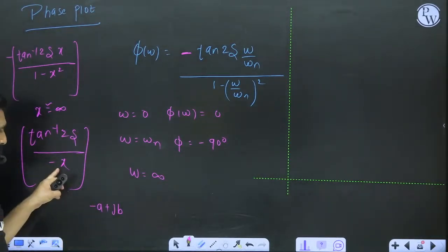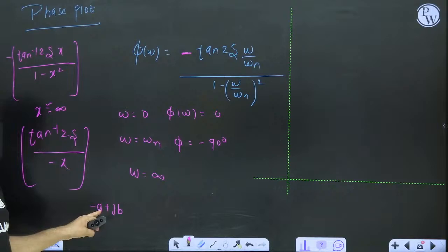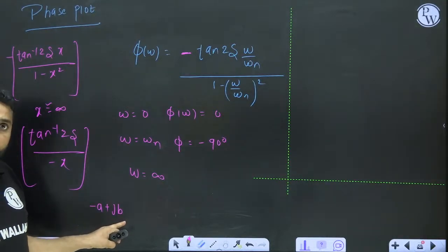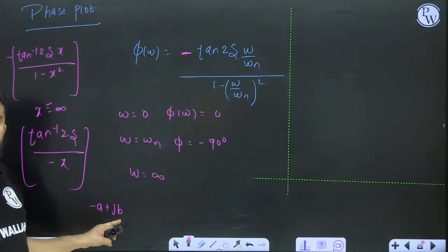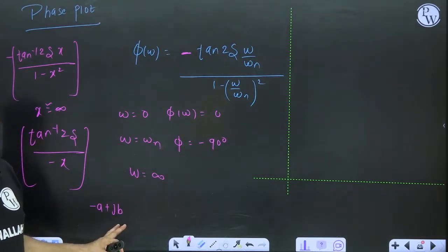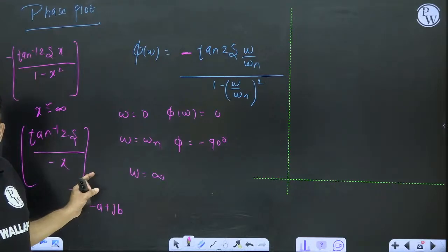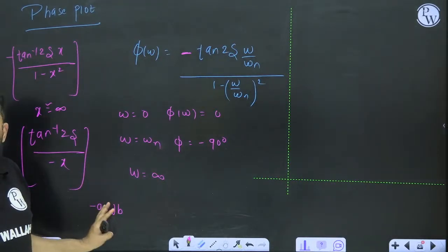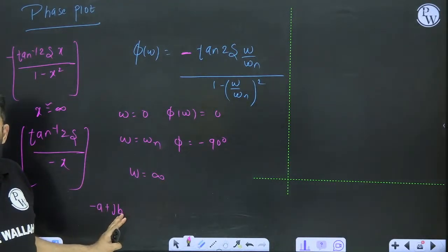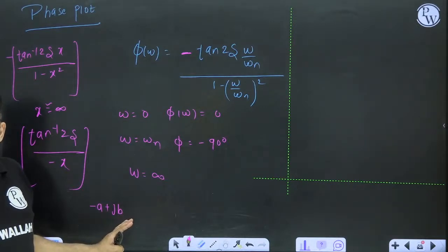See, the real part is negative and the imaginary part is positive. We have just covered the root locus, and many times we have done this. So is it the case of the second quadrant or not? It is the case of the second quadrant.